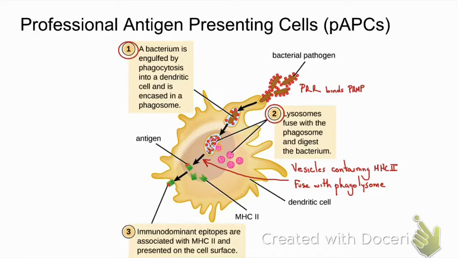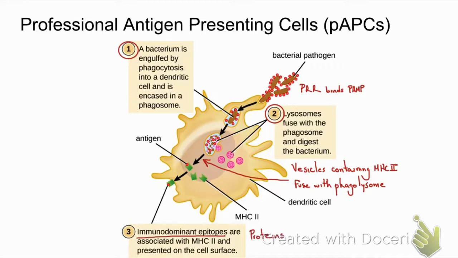At this point, the epitopes of antigens are said to be loaded onto MHC2, and these antigens, with the MHC2 and the vesicles that hold them, are going to move toward the outside of the cell and be exocytosed. And so in the end, what you're going to find is MHC2 on the surface with the antigen loaded in this little binding cleft, as is shown in our image here.